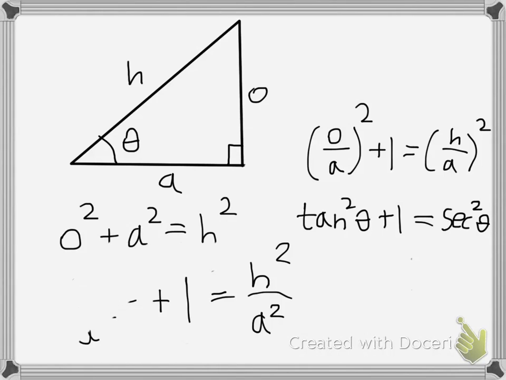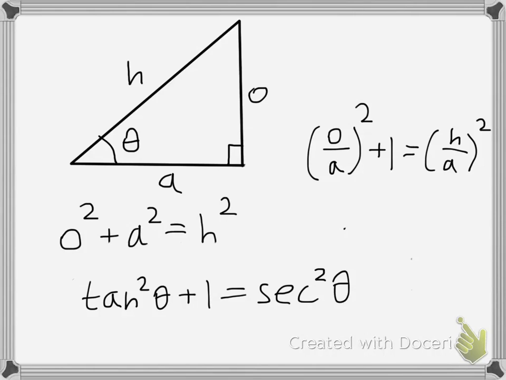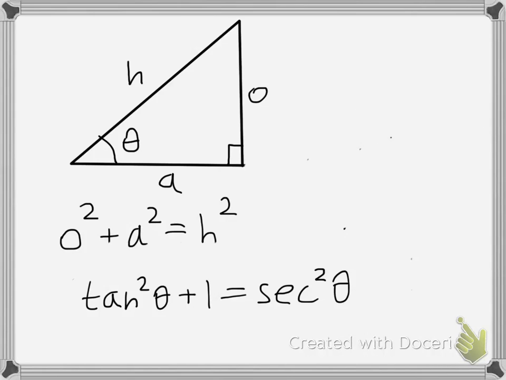This is the second Pythagorean identity: tan squared theta plus 1 equals secant squared theta. You can rearrange it to solve for either tan or secant.